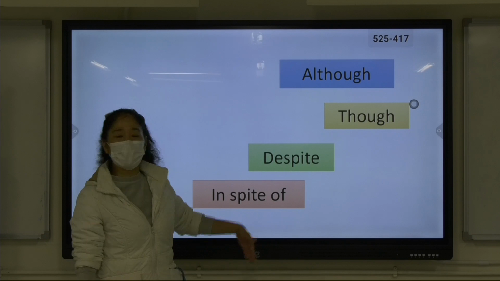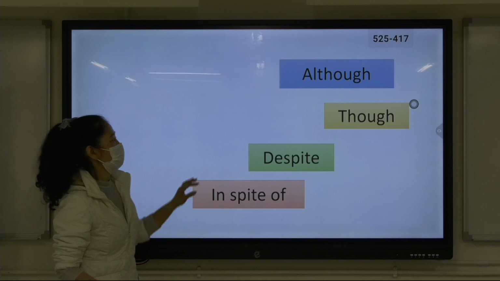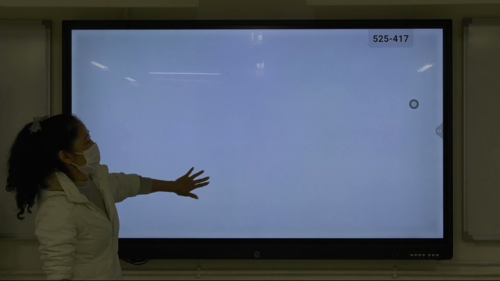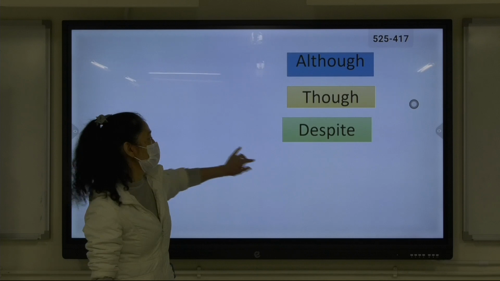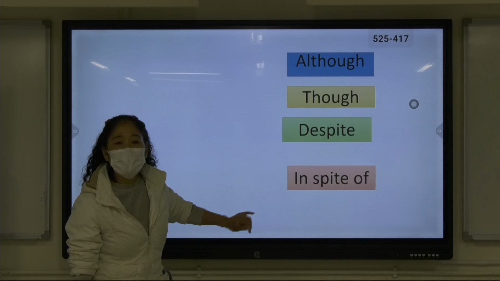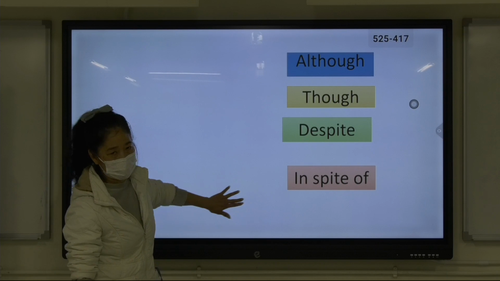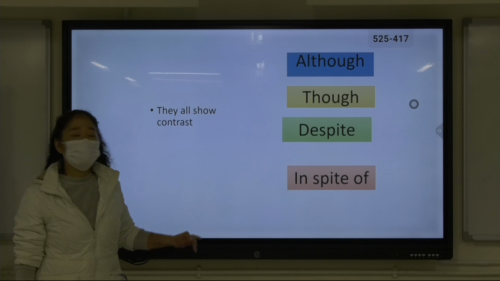So these four connectives, what are they? Although, though, despite, in spite of, these four connectives all show contrast.